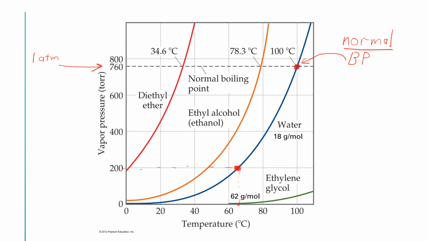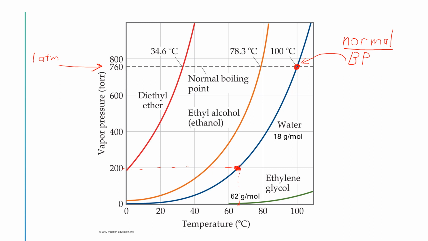Because water is boiling at a temperature less than 100 degrees, you sometimes have to cook things a little bit longer, because if you're cooking something in boiling water, like spaghetti, the temperature is not quite as high, and so the cooking process doesn't go as fast.